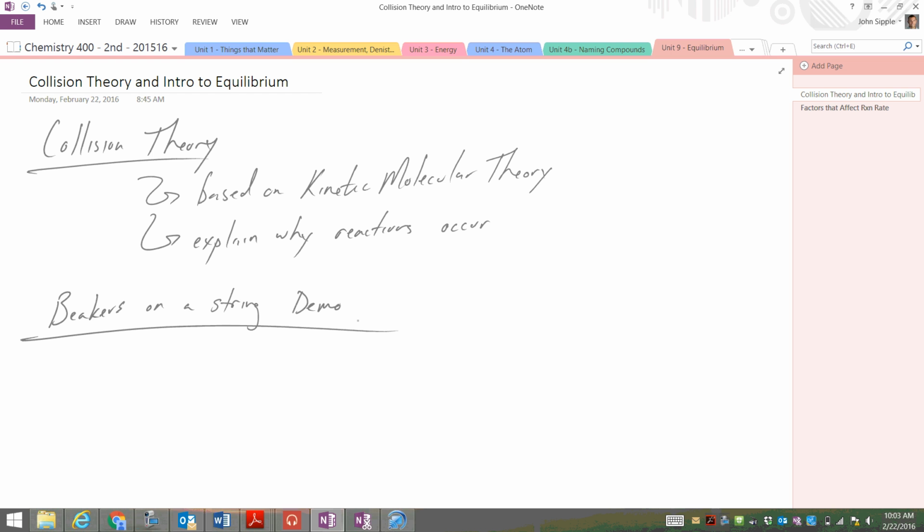There they are. Okay, so I got my beakers on a string over here. I'm going to pull them a little bit apart.